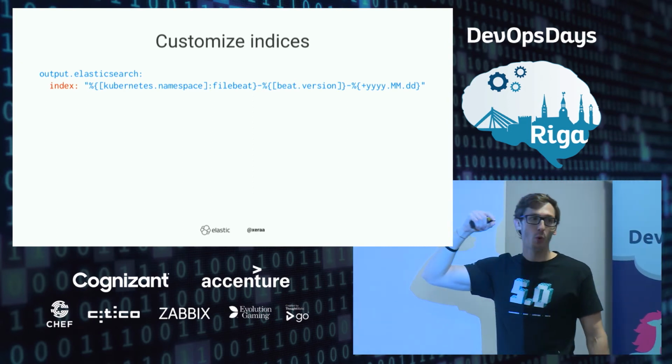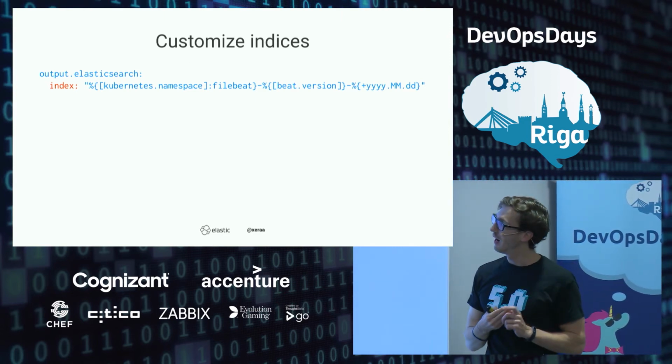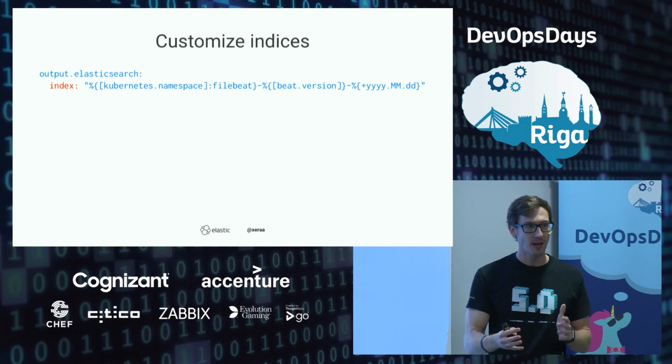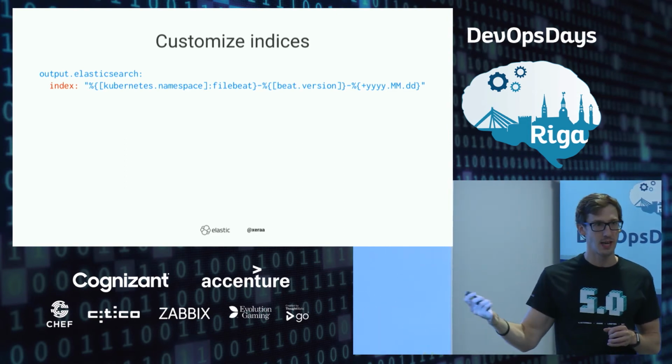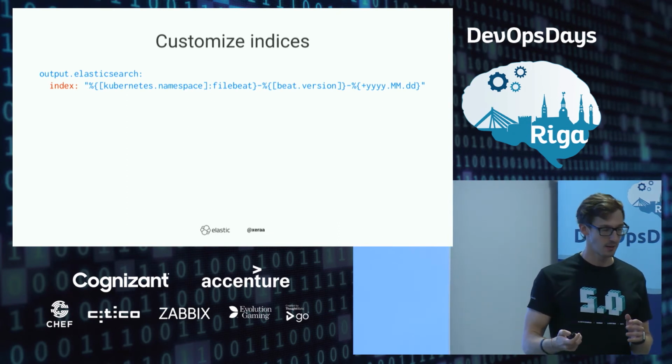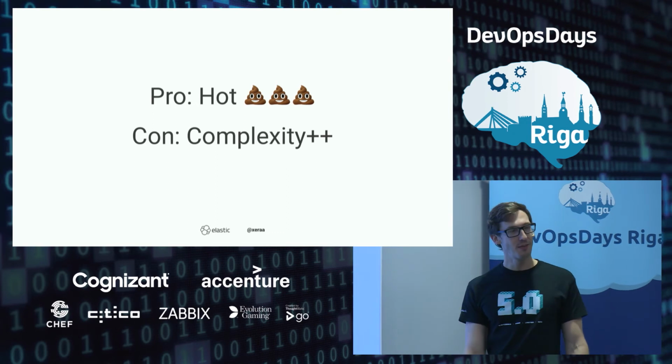So you could have one different index per namespace and day, or pod, or whatever makes sense. Whatever you have as meta information, you could put into your index name to split it up if you need that.